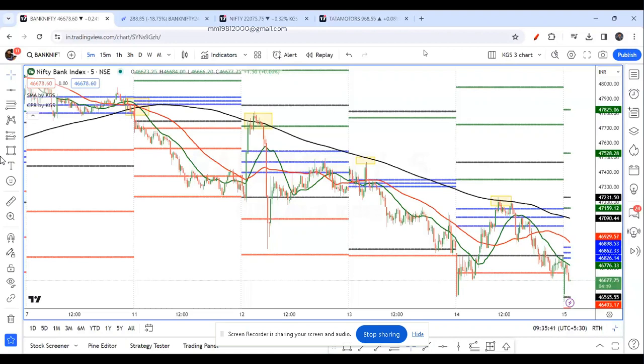This is psychology. I can teach psychology like this only, but there is a lot of psychology which cannot be explained. Many people are asking why you took a trade here, why you took a trade there. Those are my psychologies and my experience, which cannot be put into words.